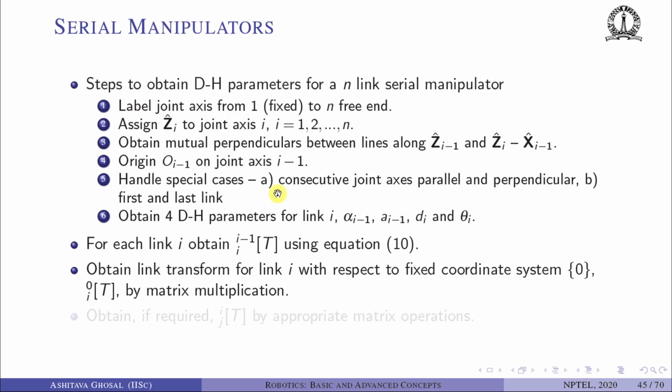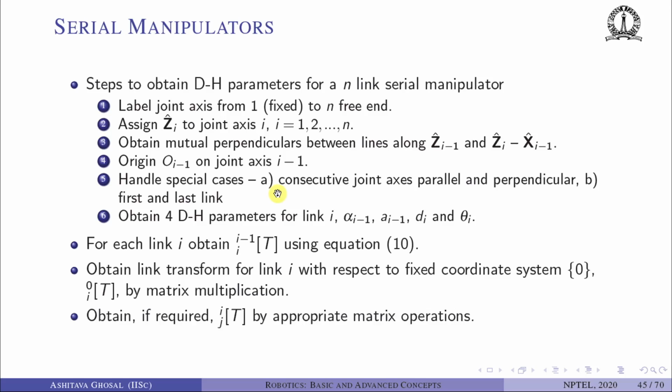So if I want to find the transformation matrix of link i with respect to 0, all we need to do is multiply matrices 0 to 1, 1 to 2, all the way till i. And what does this 0_i T contain? It contains the orientation and position of link i with respect to the 0th coordinate system.